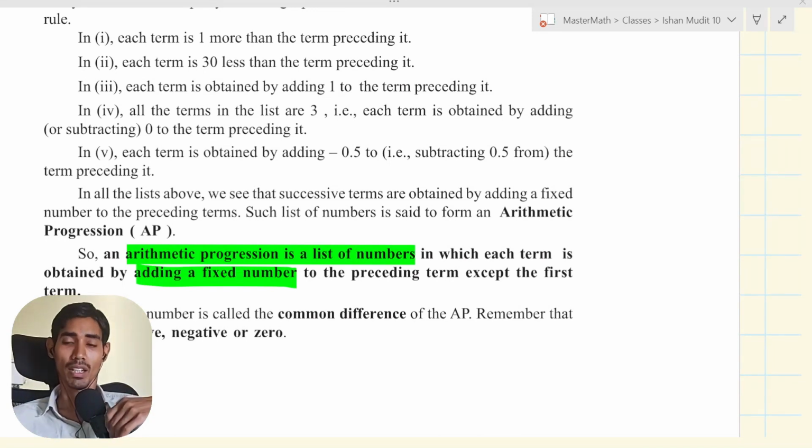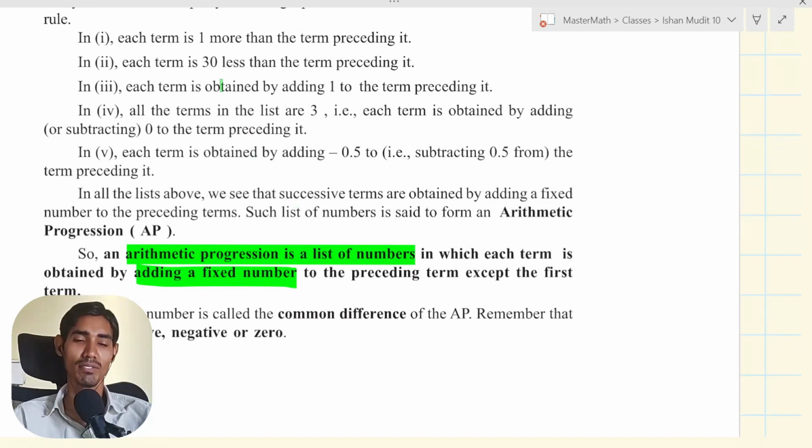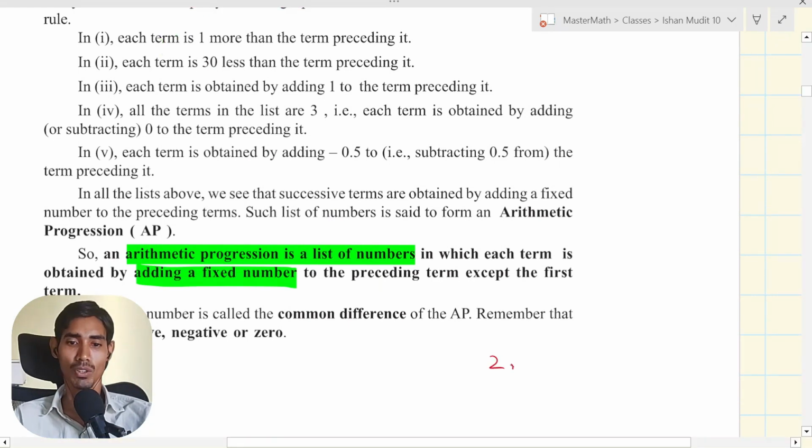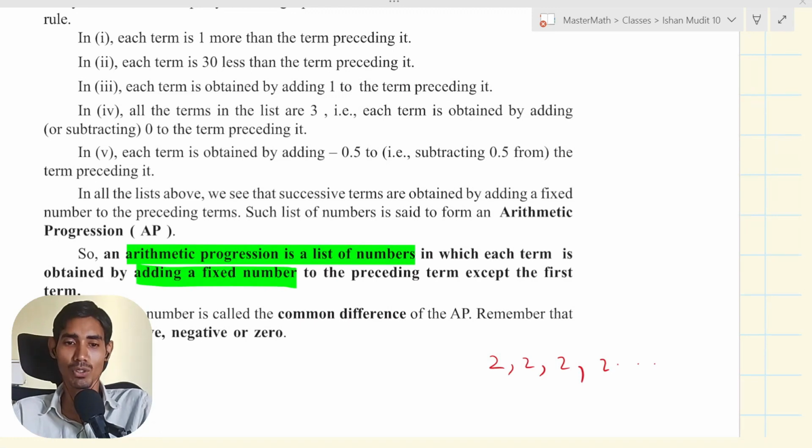Okay. Now the interesting part is, of course we saw that the difference can be positive, it could be negative also, but the interesting part is it could be 0 also. So if we have 2, 2, 2, 2, is this an AP? Yes or no? Ishan, no? Yes?